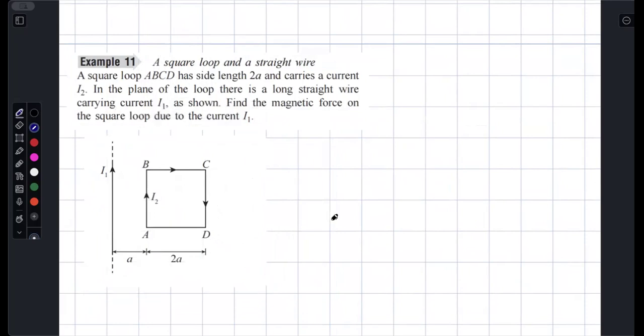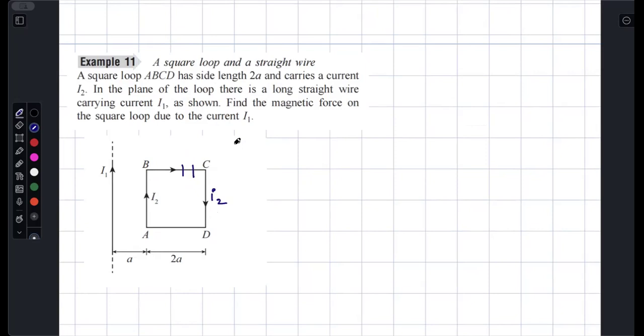Right. This is the first question. Find the magnetic force on the square loop due to the current I1. Remember, try to please understand, this is I2, this is also I2. Now see the contribution of forces of B and C, let us analyze first. Now you take a very small element over here.